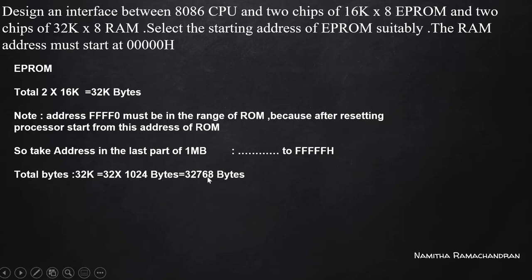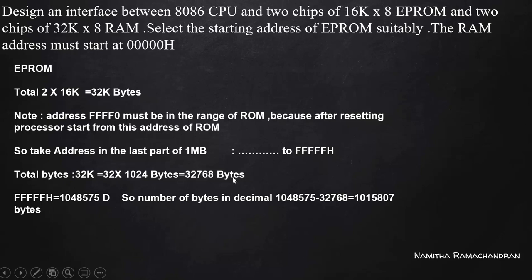That is how many bytes are present in our EPROM memory: 32768 bytes, right? This hexadecimal representation indicates the last byte address of our EPROM memory, and its decimal equivalent is this.